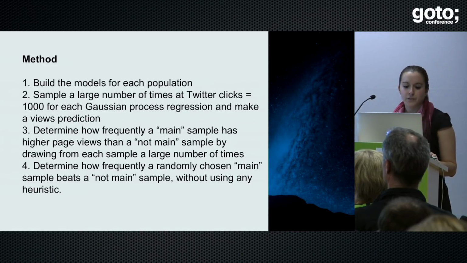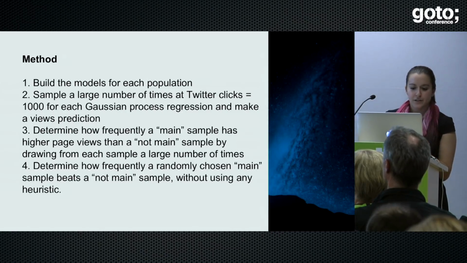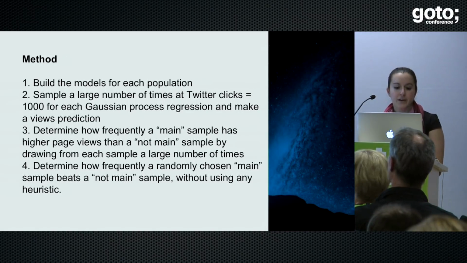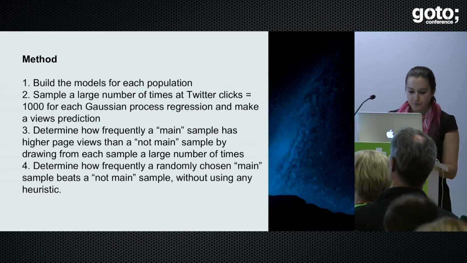Then we want to determine 2 things. We want to determine how frequently a main sample has higher page views than a not main sample by drawing from each sample a large number of times. This is using the Twitter heuristic. Then we also want to determine how frequently a randomly chosen main sample beats a not main sample, with no heuristic.